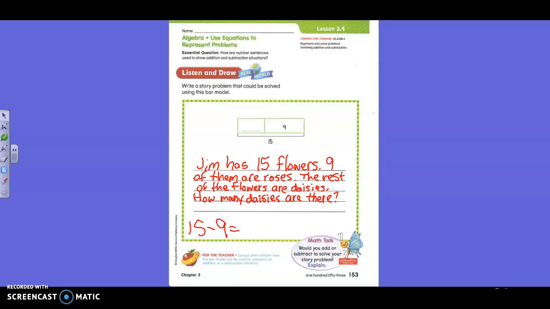Yes, so 6 would go in that blank. 6 daisies. Yep, that's all we're going to write.